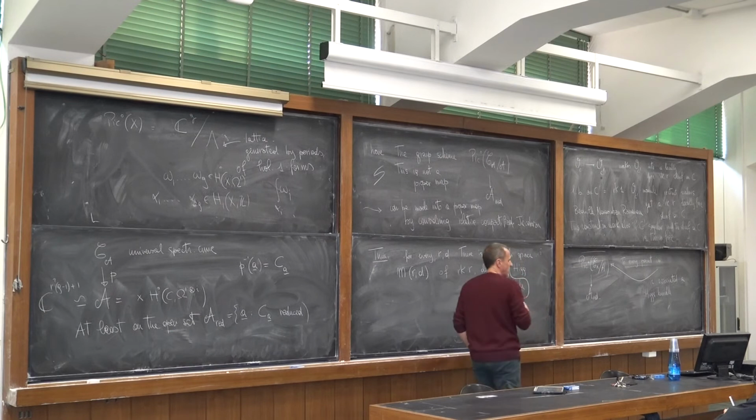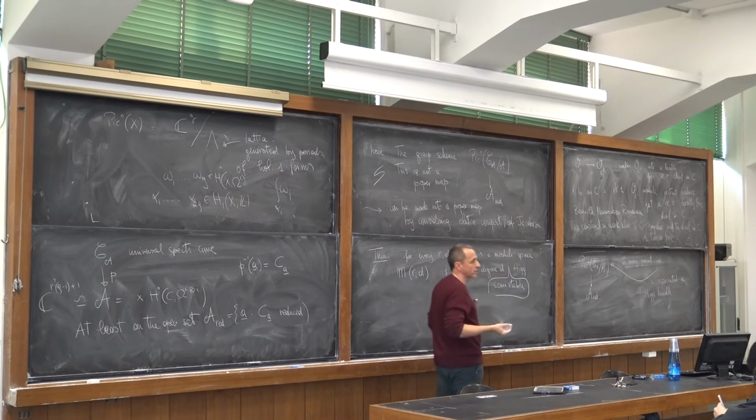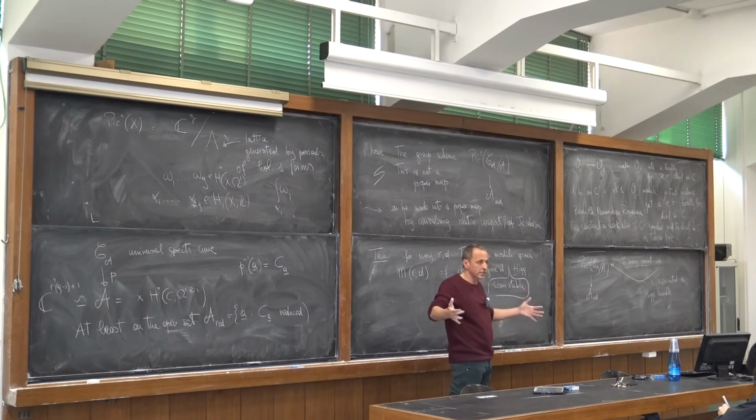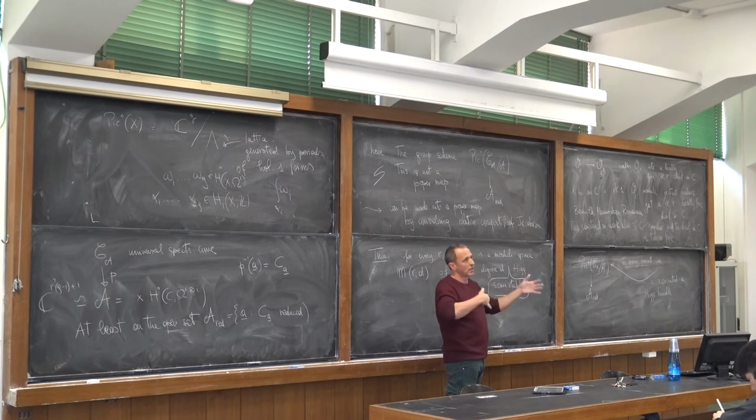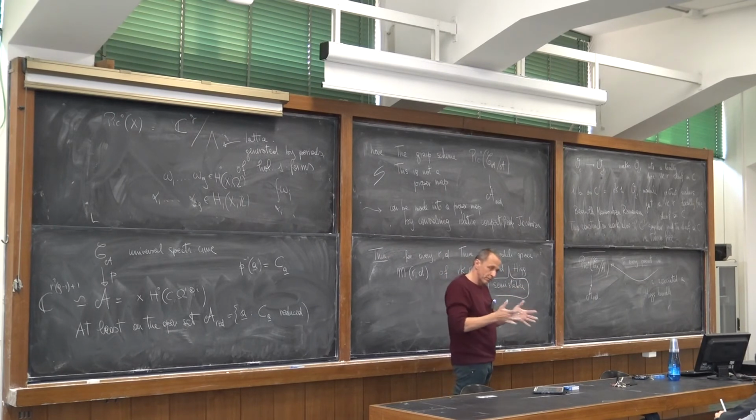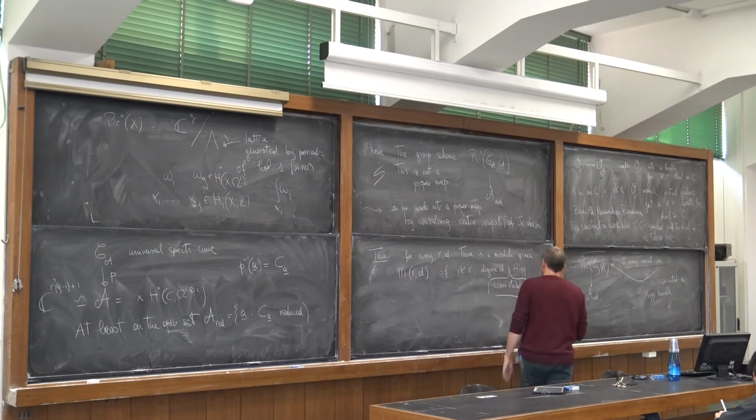Unless you ask me, I won't tell you what a semi-stable Higgs bundle is. It's just that you cannot consider all Higgs bundles of a given rank and degree if you want to have something of finite type, separated, and so on. You have to restrict to semi-stable Higgs bundles.